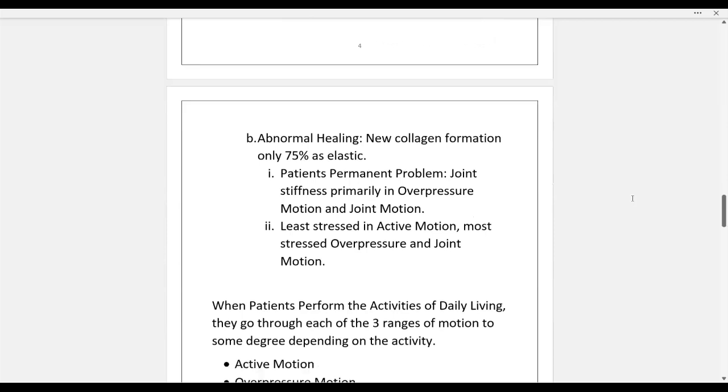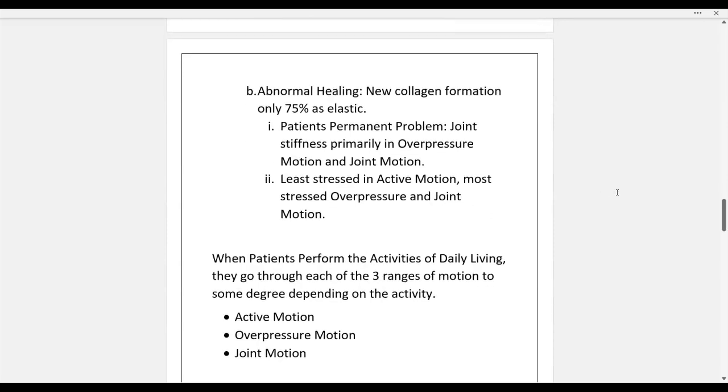So abnormal healing: the new collagen formation is only 75% as elastic. And by the way, hopefully you know this by now, when I say 70 or 75%, you're not going to see a research journal that says exactly 75%. You'll see 60%, you'll see ranges, 80%. We give a number like 75 to make it easy to understand. You can see a range of tissue that's affected from 40 or 50% to as much as 80%.